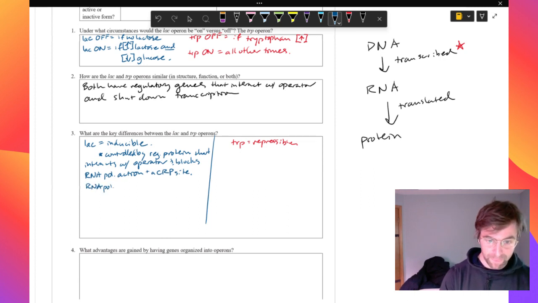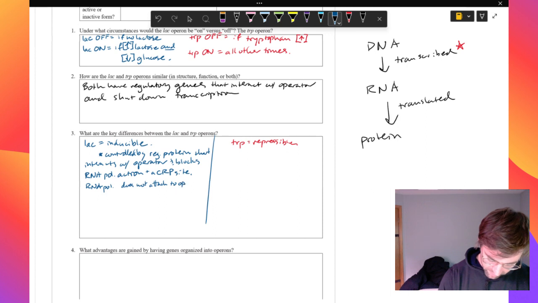So RNA polymerase does not attach effectively to the operator if cyclic AMP, cyclic adenosine monophosphate, and CRP are not bound at the CRP site.